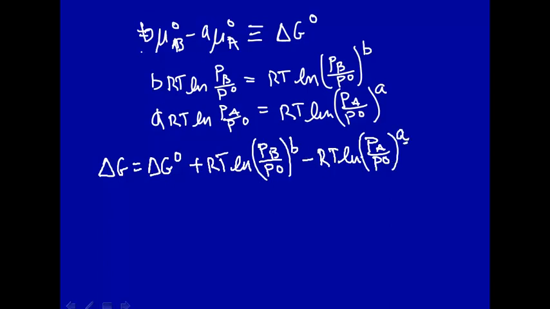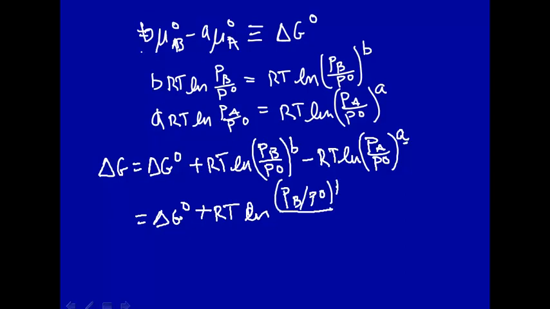And note that minus there, you just flip these around. So this can be written as delta G0 plus RT times the natural log of PB over P0 raised to the B power, over the pressure of A divided by the standard state pressure raised to the A power.